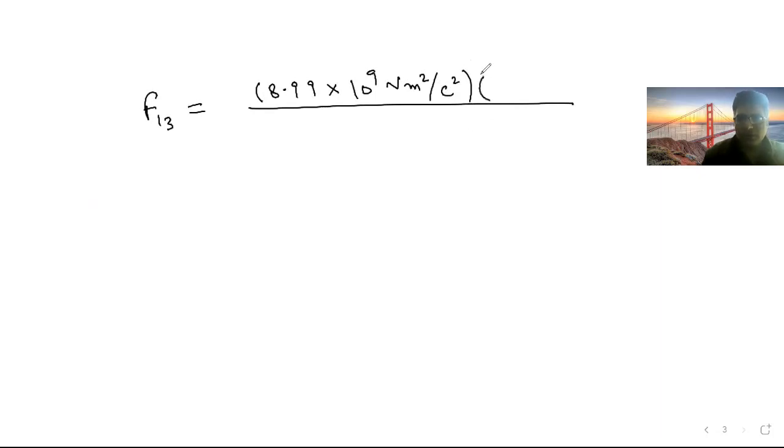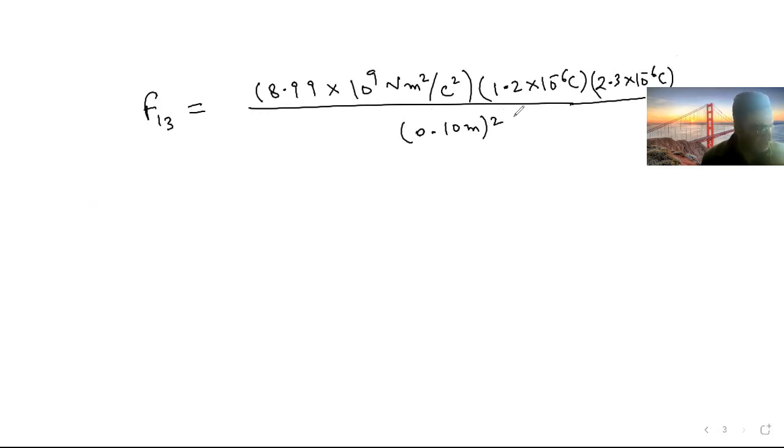Then I have Q1, which is 1.2 into 10 raised to power minus 6 coulomb, as it is 1.2 microcoulomb. Then I have Q3, which is 2.3 microcoulomb, that is 2.3 into 10 raised to power minus 6 coulomb. Then the distance between 1 and 3 is 10 centimeter, so it is 0.10 meter square.